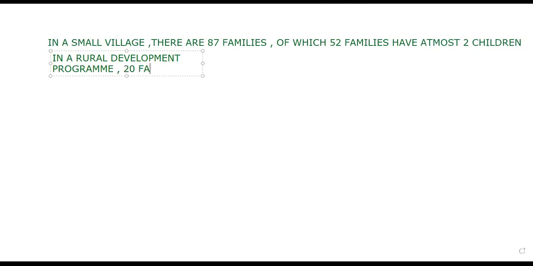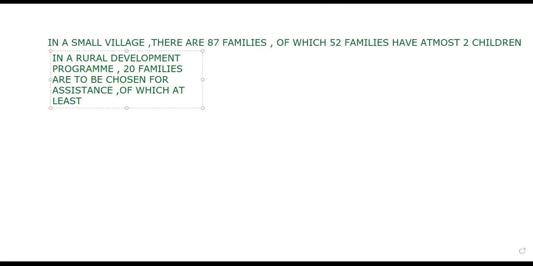In a rural development program, 20 families are to be chosen for assistance, of which at least 18 families must have at most 2 children.